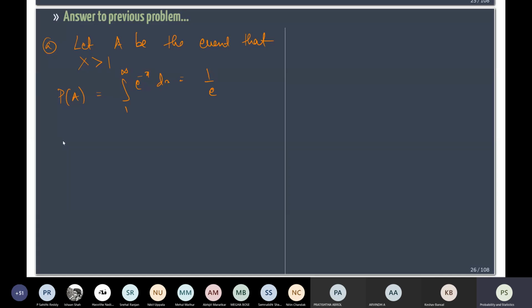Okay, and so we are supposed to find the PDF of x given x greater than 1. So what do we do to find this conditional PDF?